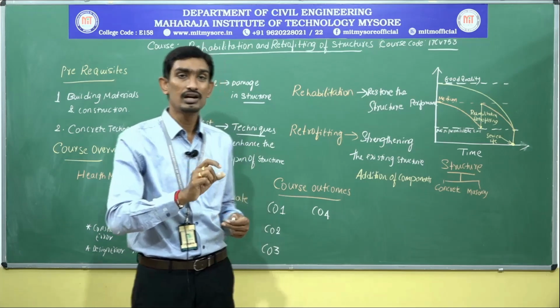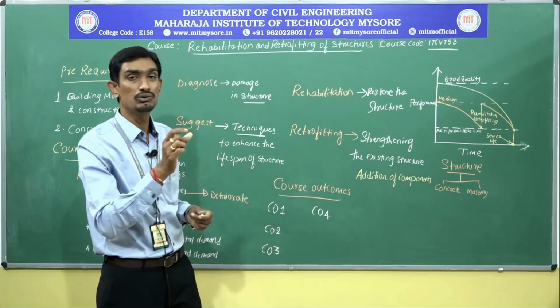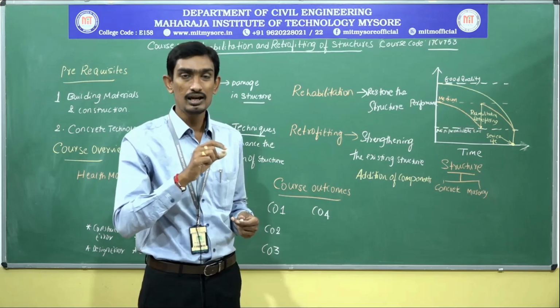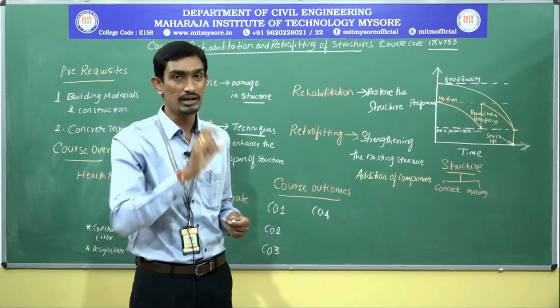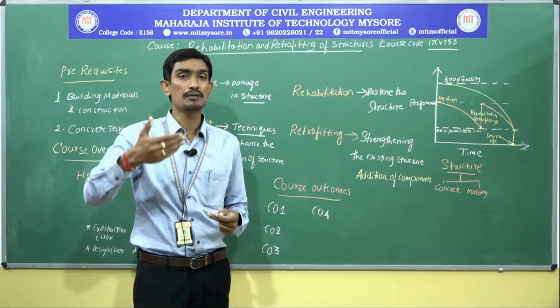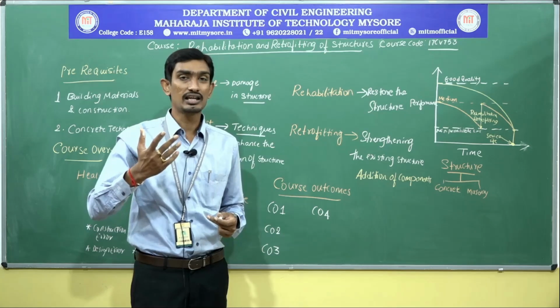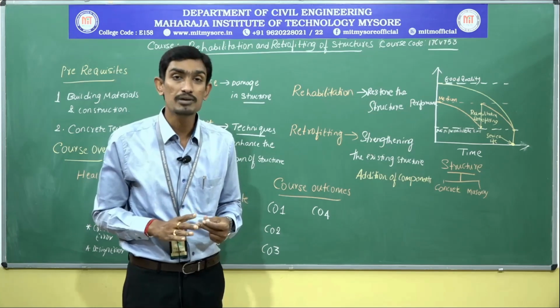That's what I stated. After diagnosing, we need to know the damage properly. Based upon the damage, you need to choose the ideal material. This I am going to teach you, because you will come across various damages, because the damage will be unique. I cannot say that the structure will possess only one type of distress.